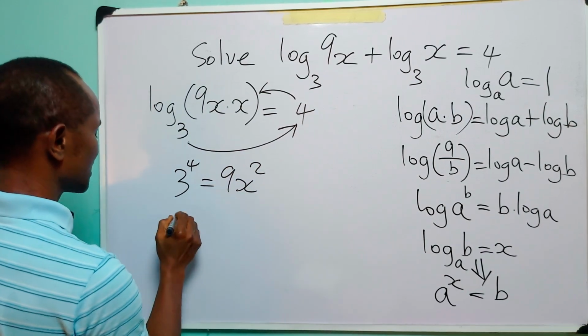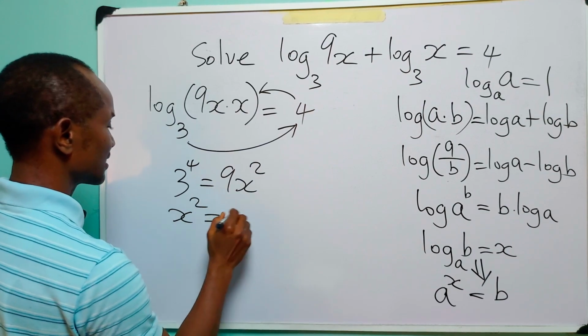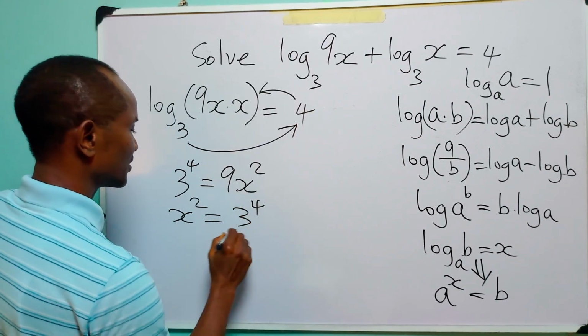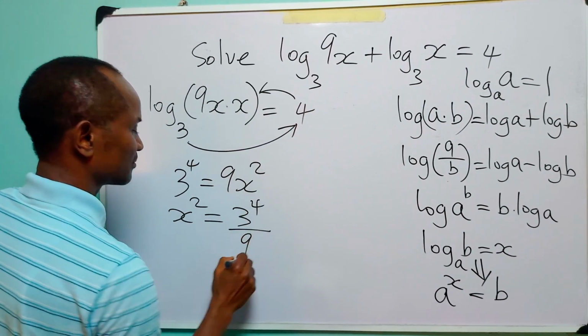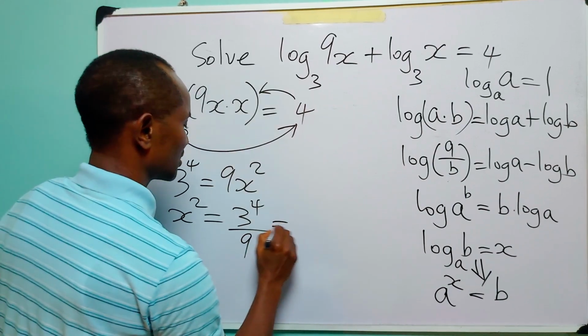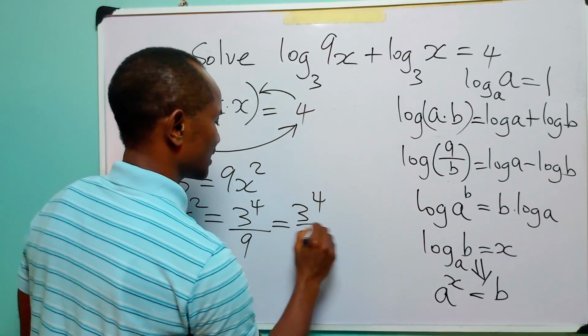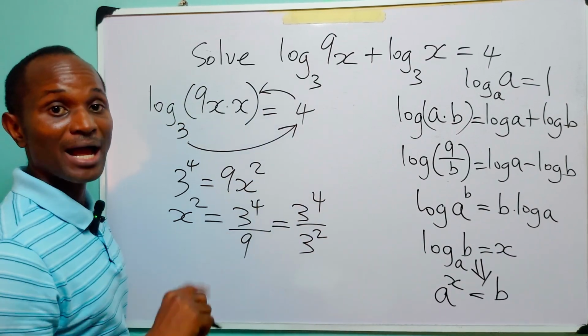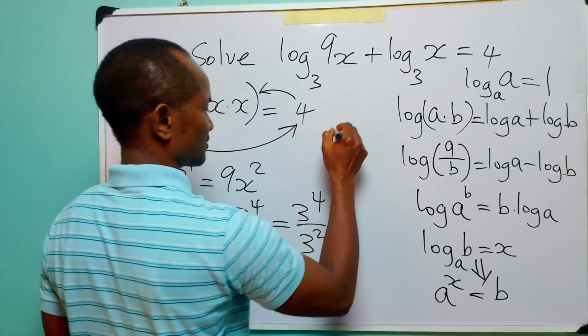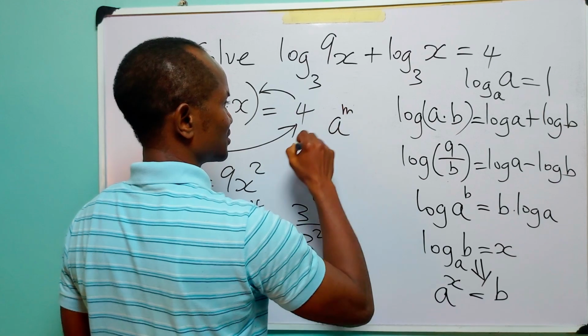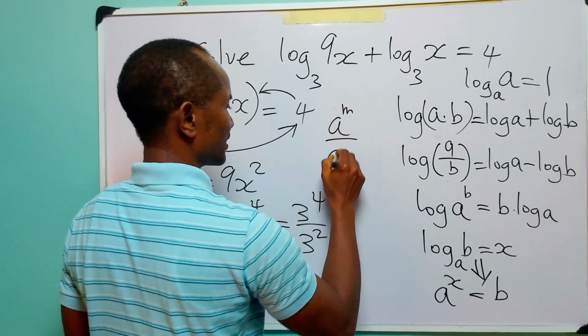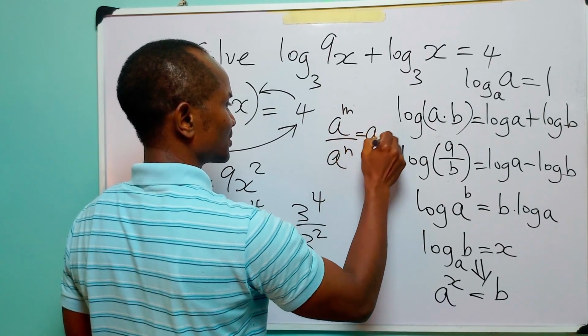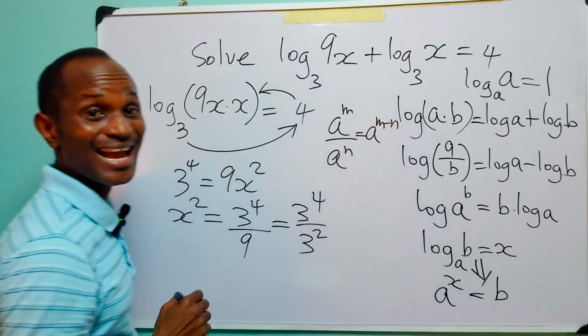And from here, we simply have that x squared is equal to 3 to the 4th power divided by 9. But let us remember that 9 is 3 to the 2nd power. And from our laws of indices, we have that a raised to power m divided by a raised to power n is equal to a raised to power m minus n.